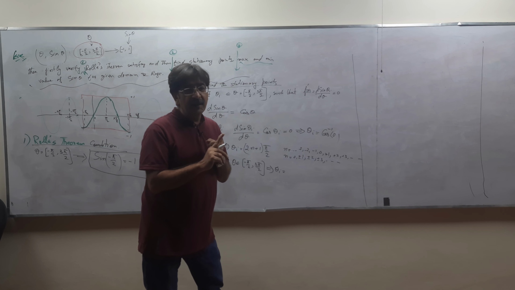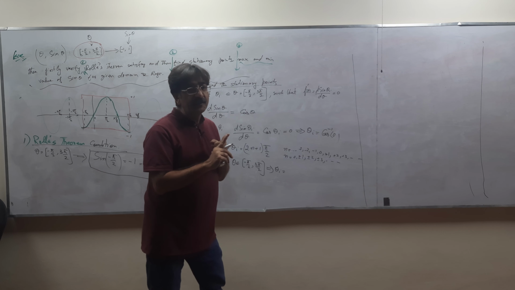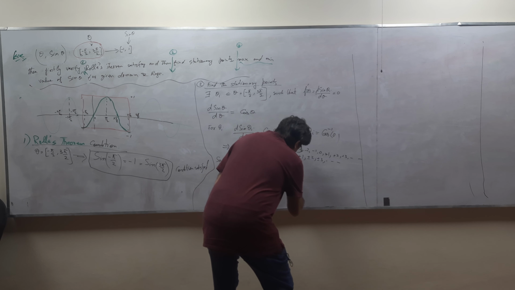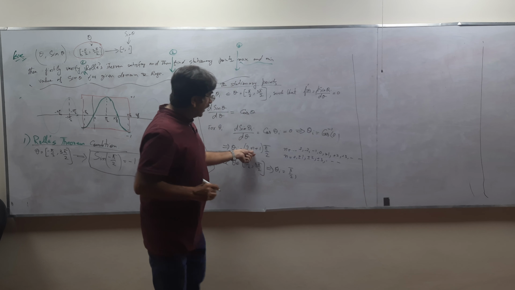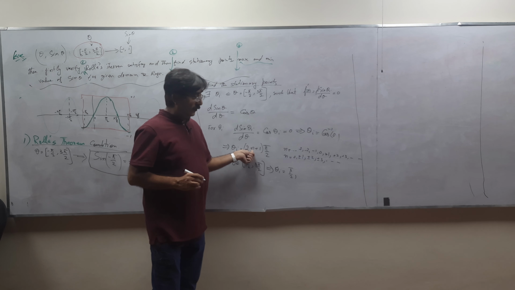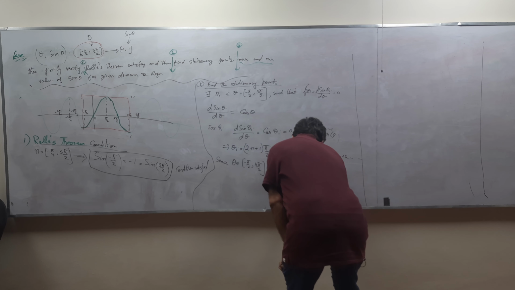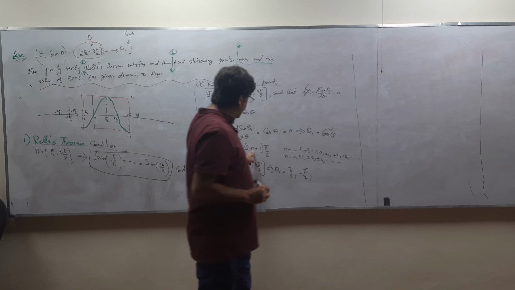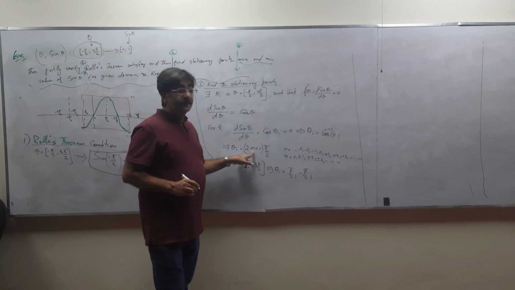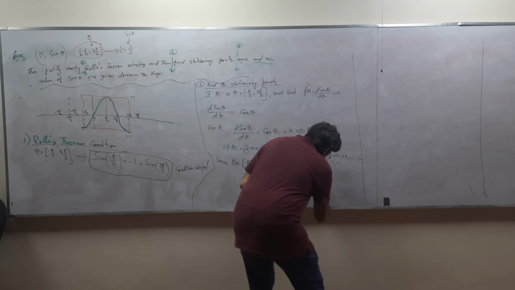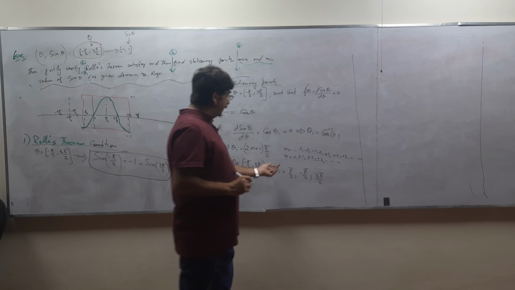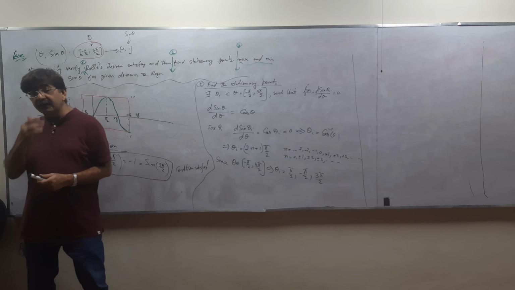When we take 0, that will be pi by 2. When we take n equal to minus 1, minus pi by 2. And when we take 1, 3 pi by 2. So in this domain range, the theta I values will be these, okay.